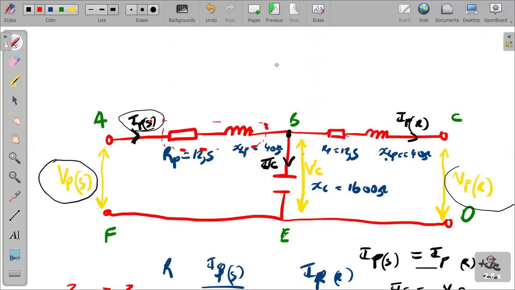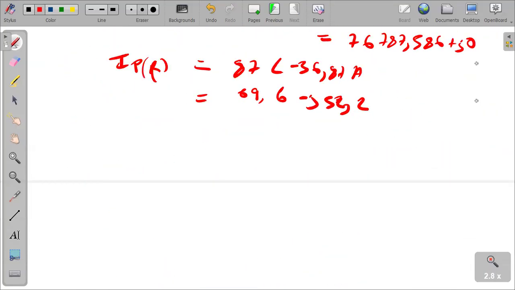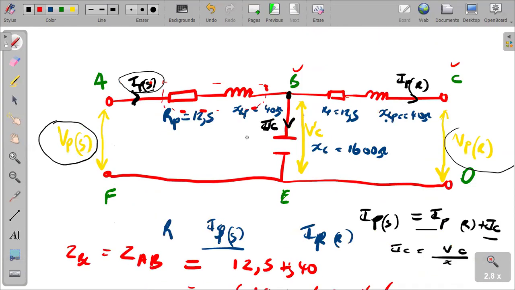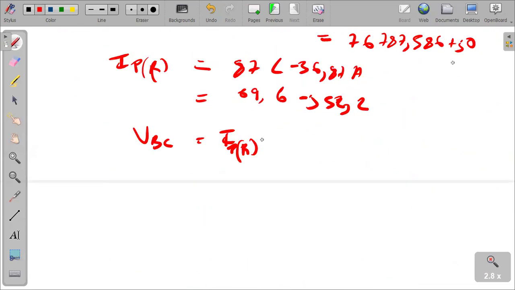VBC is going to be given by IPR that we've just calculated, because that's where IPR is from my diagram, multiplied by ZBC, which we have already calculated on top.